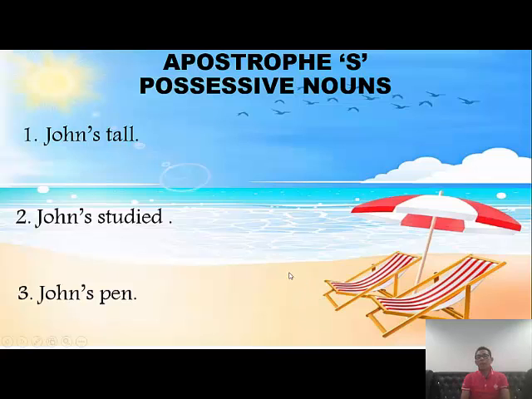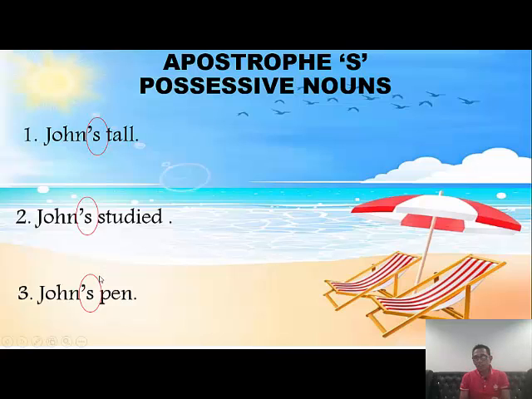Apart from the name John, of course, all these three sentences have John, John, and John. But what can you see that is similar? Of course, the apostrophe. So these three sentences have the same apostrophe.